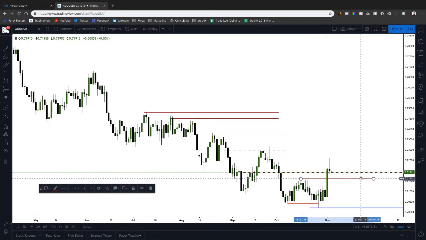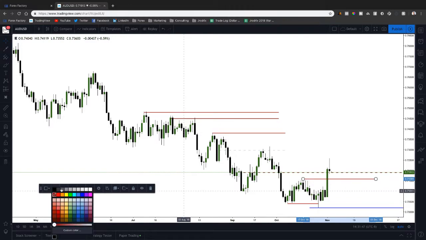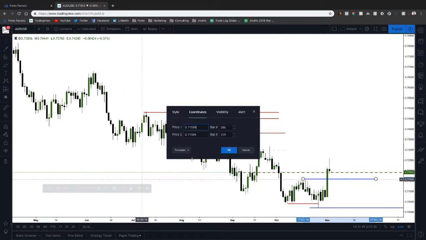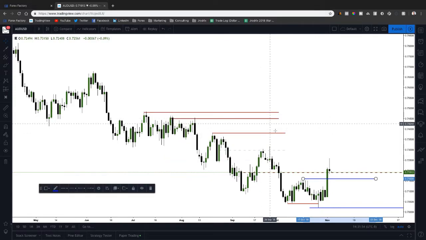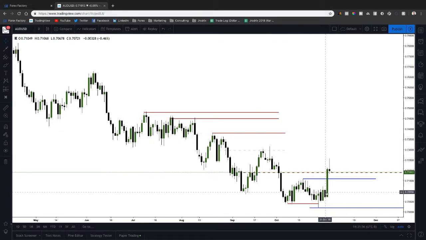So let me just adjust my levels. And the other level was this bullish order block, which is 71 big figure.